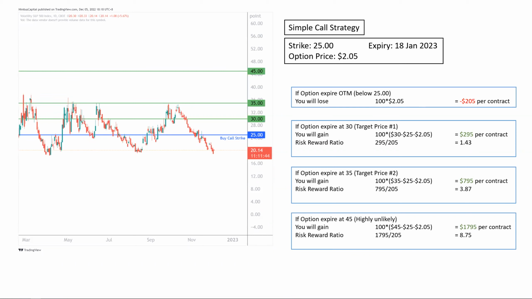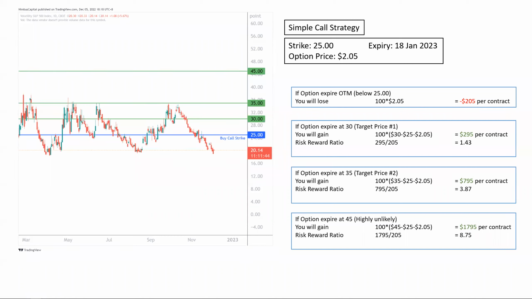Okay, so if VIX goes all the way to 45 by the expiry date, you are going to get 45 minus 25, which is your strike, minus your option price 2.05, and then multiply by 100, you will get $1,795 per contract, meaning your risk reward ratio is all the way up to 8.75, which is extremely attractive. Okay, so this is what you will get when we use a simple call option strategy.